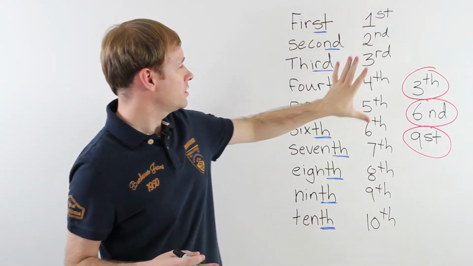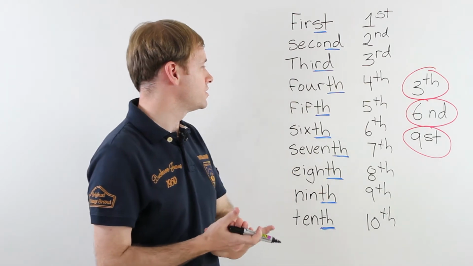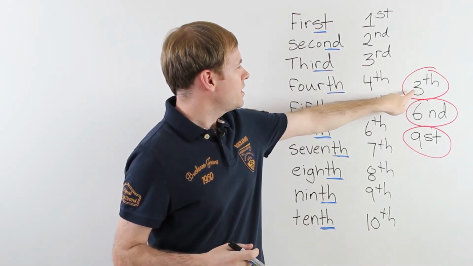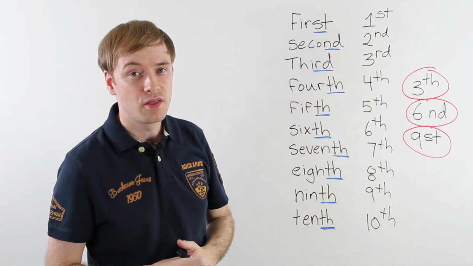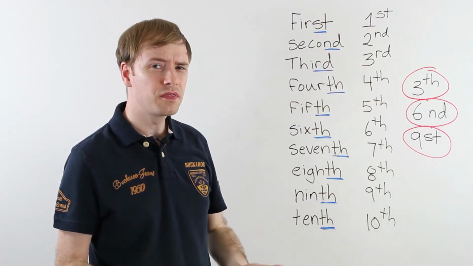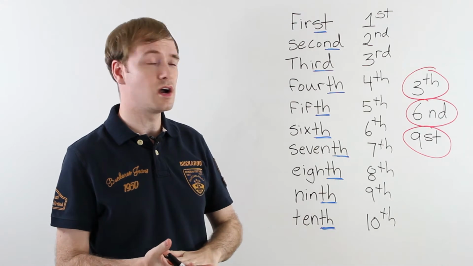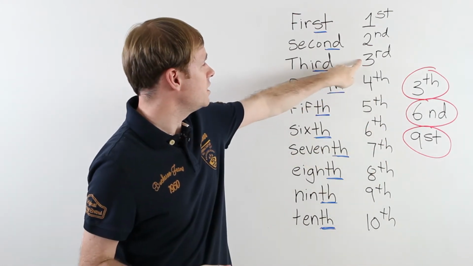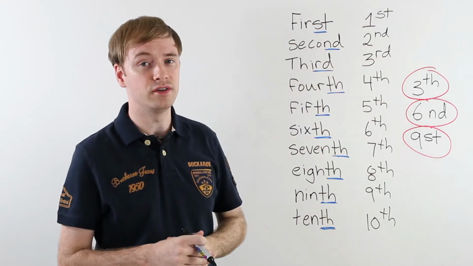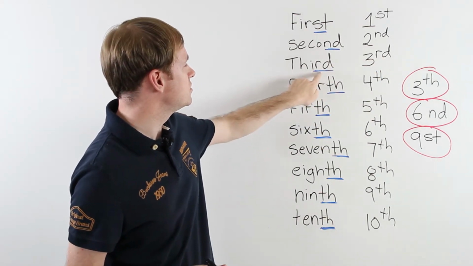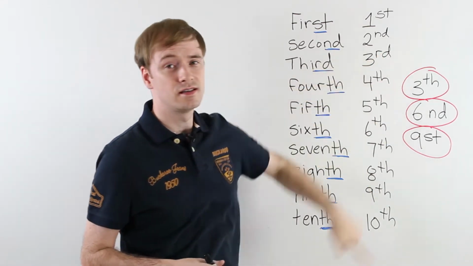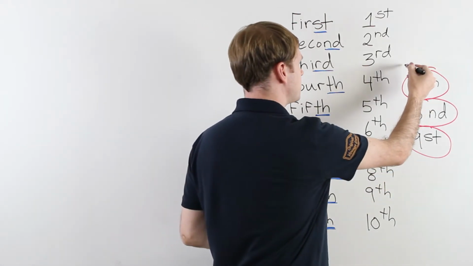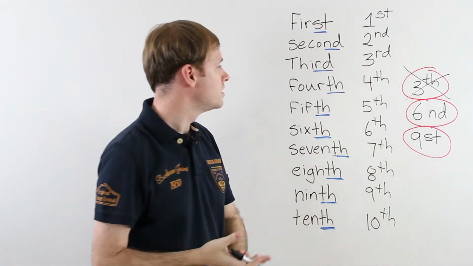All right, look at these numbers over here. I wrote some numbers circled in red. 3 and th. Threeth. Okay, this is a common mistake. This is obviously wrong because 3 only has RD. You have to use these two letters. This is impossible, okay? So threeth, impossible.